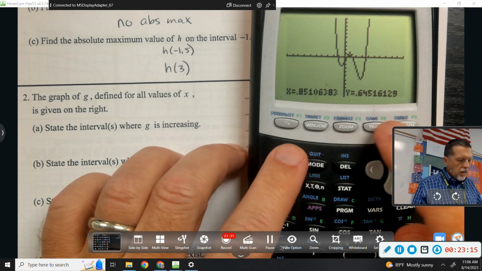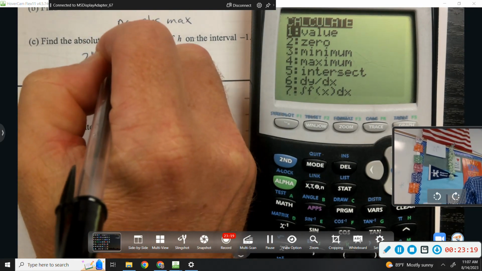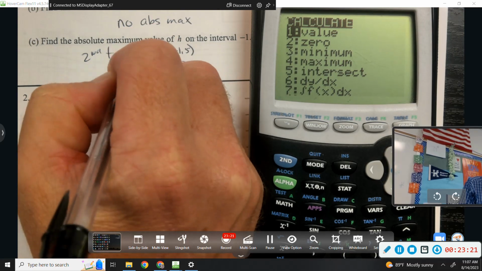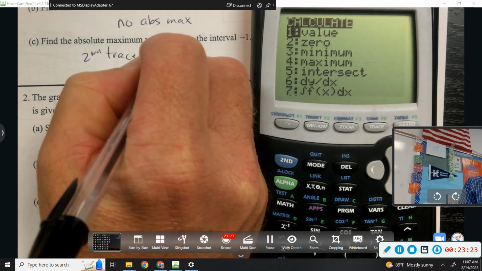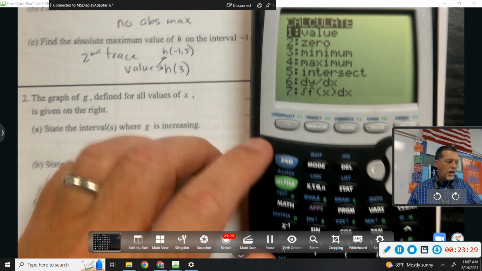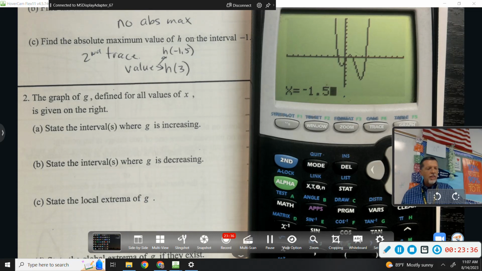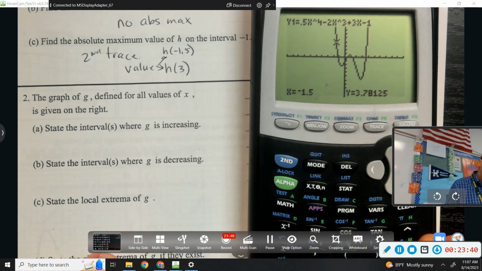Second trace again. And I want a value this time. Rather than plugging negative 1.5 into that equation, which would be annoying, I can go second trace, value, and just type in negative 1.5, and it plugs it in for me. 3.781.